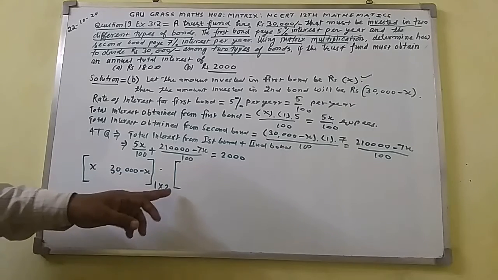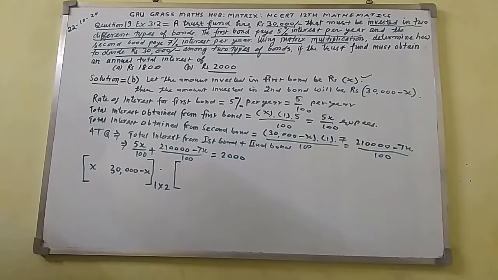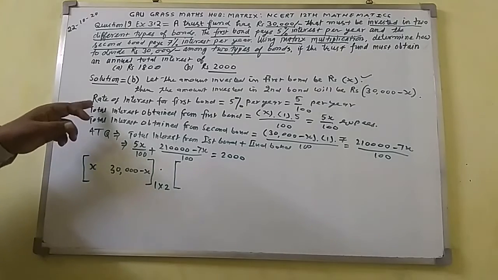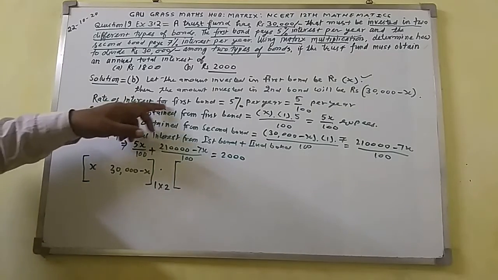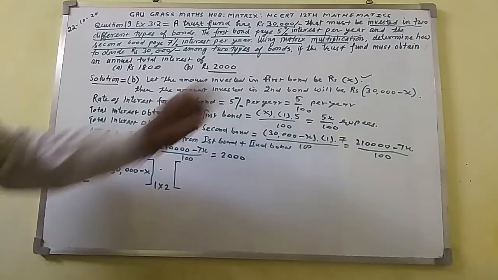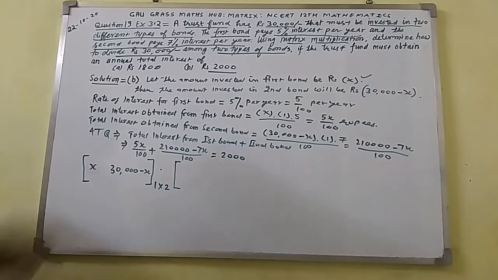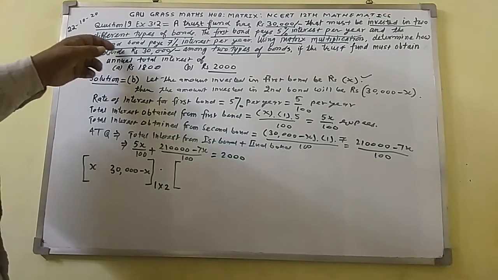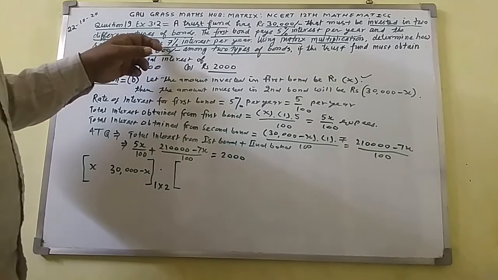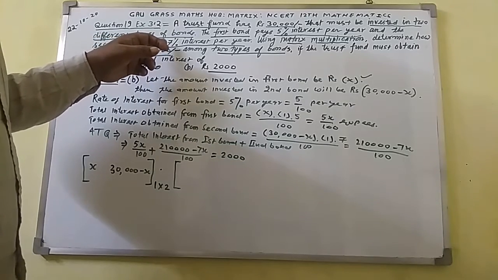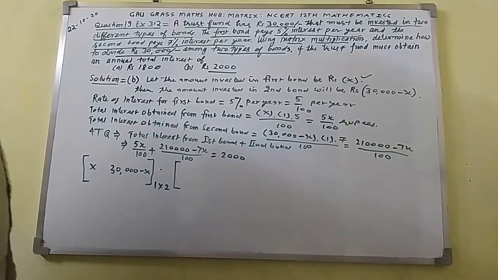Then the second matrix will be formed with the help of the rate of interest. The rate of interest for the first one is 5% per year, and for the second one is 7% per year. So two terms you have got here.